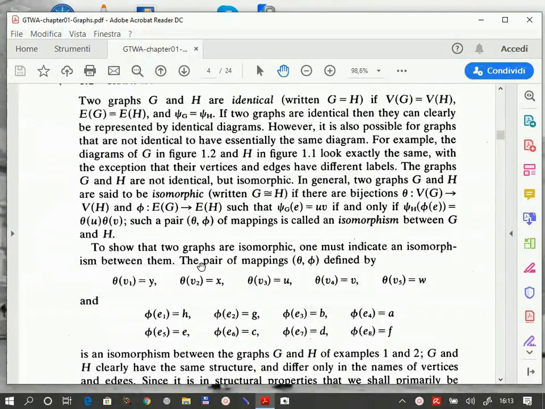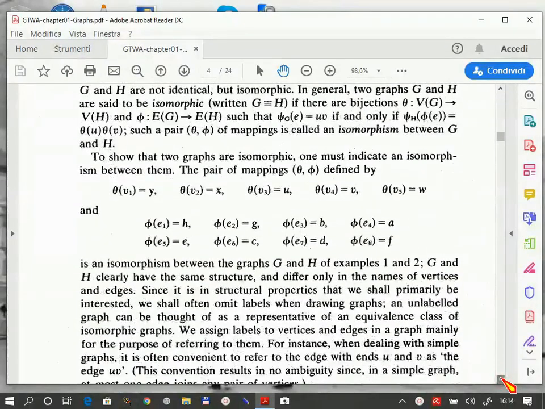But if you copy them and check, you will see that if you take these two bijections, theta from vertices V1, V2, and so on, to vertices Y, X, and so on, and phi from E1 to H, E2 to G, and so on, then you can check that you have this condition: psi H of phi of E equals theta of V, whenever psi sub G of E is equal to UV.